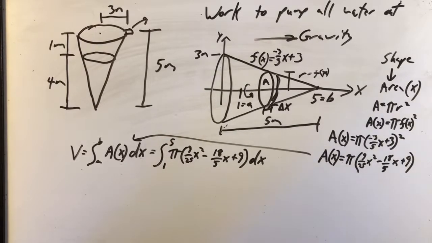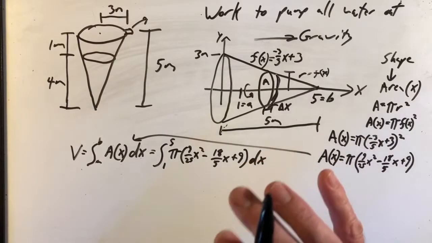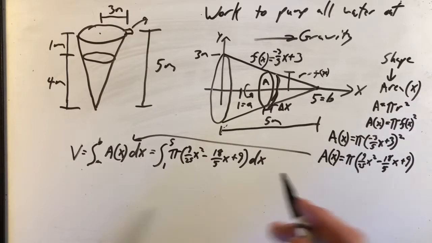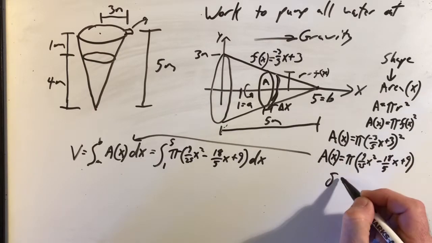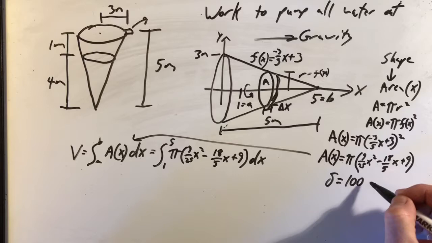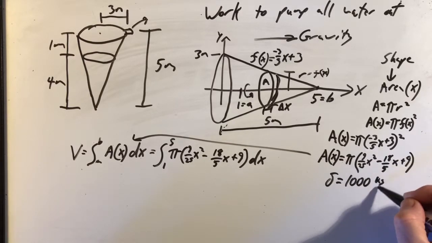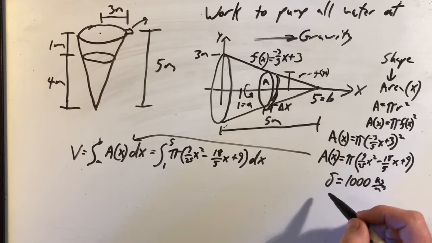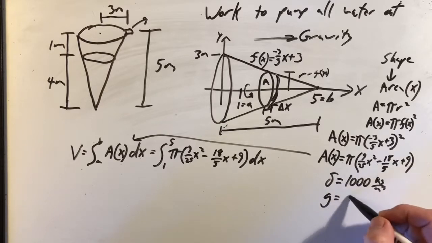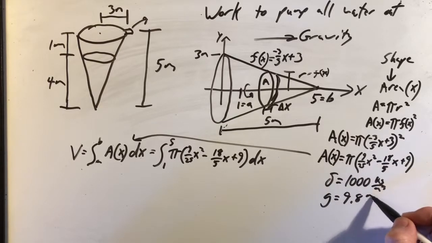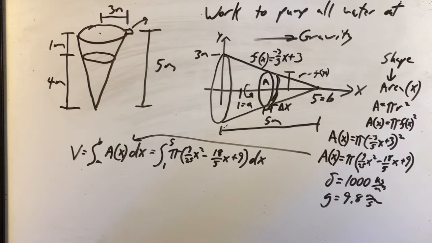Okay, so that's just the volume portion of calculating the work. Now, of course, we have to have that volume times the density, which is 1,000 kilograms per meters cubed for water, and gravity is 9.8 meters per second squared.